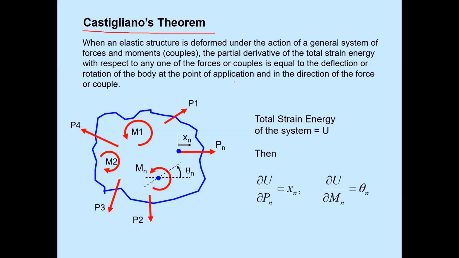When an elastic structure, keep the words in mind, elastic structure, is deformed under the action of a general system of forces and movements, the partial derivative of the total strain energy with respect to any one of the forces or couple is equal to the deflection or the rotation of the body at the point of application in the direction of force or couple.